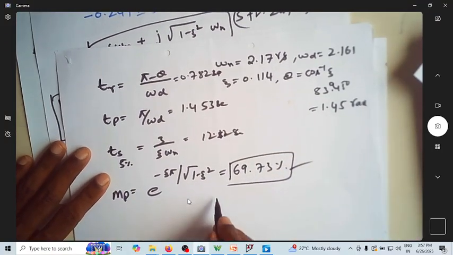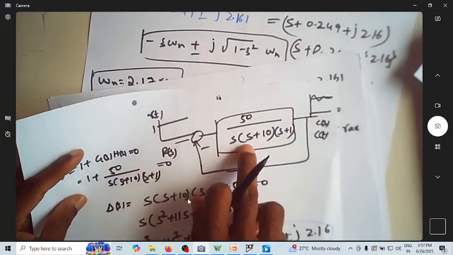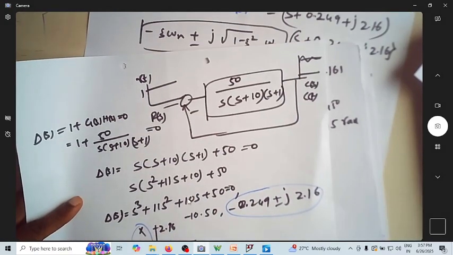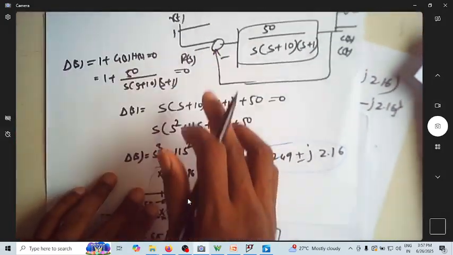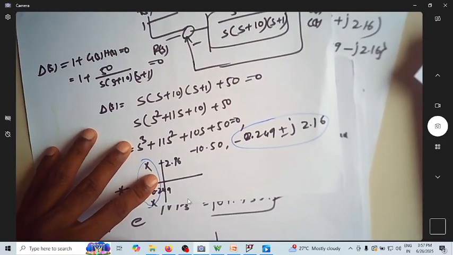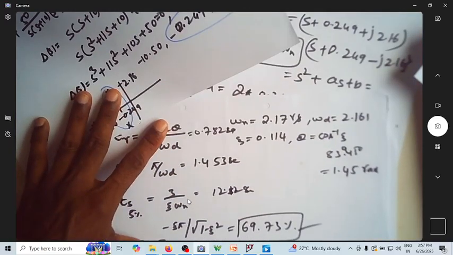So now, even though this is a third order system, we were able to find this as our dominant pole, and we have a response for this system like this. This will have an overshoot of 69%. If it is 1, then it will be 1.69, and it will take 0.78 second to reach the rise time.